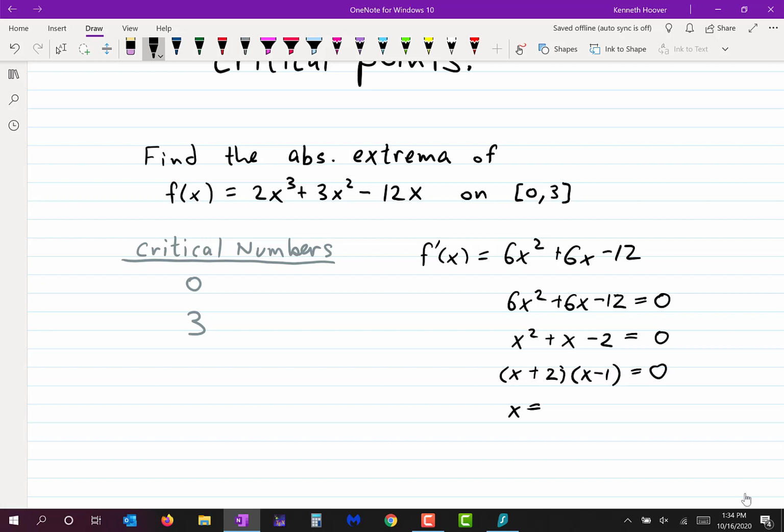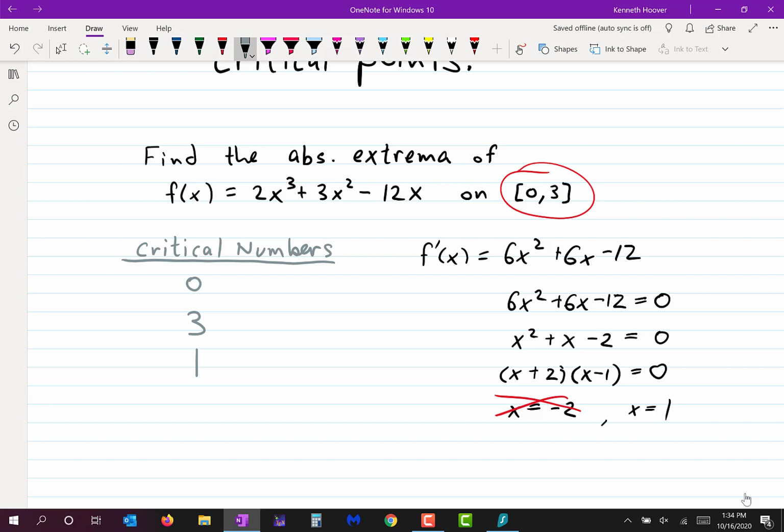So the derivative is 0 when x is negative 2 and when x is 1. Now we've been told to only look from 0 to 3, so I will throw out the negative 2. It's not in the range we were told to look at. So we have one more critical number, which is 1.